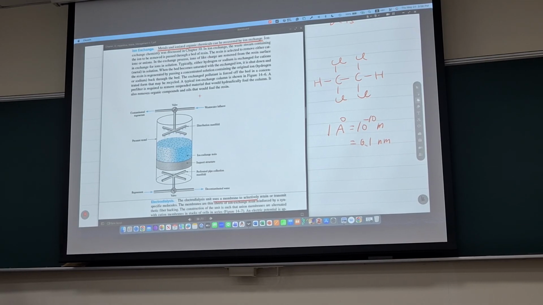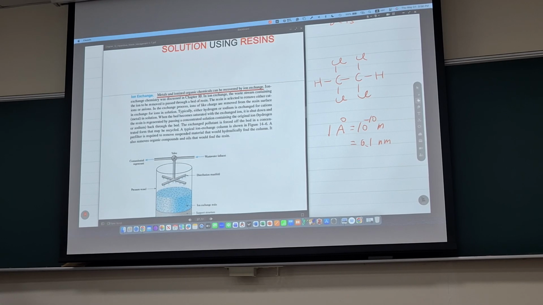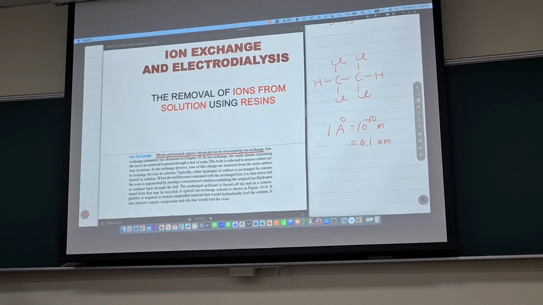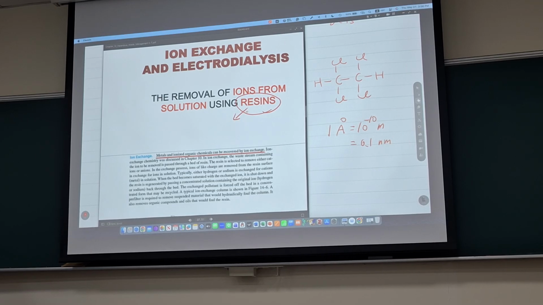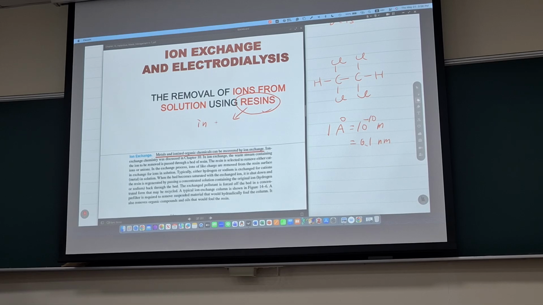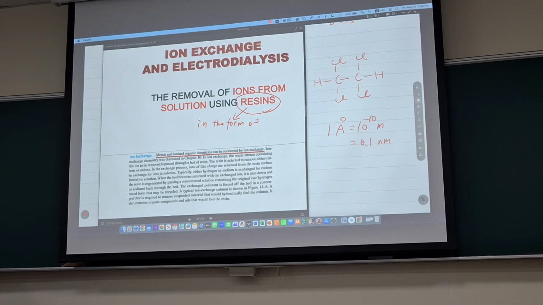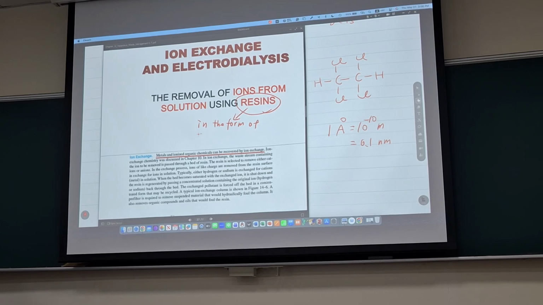Okay, so ion exchange is good for removal of the ions from the solution using the resins. The resin usually is in the form of small beads.